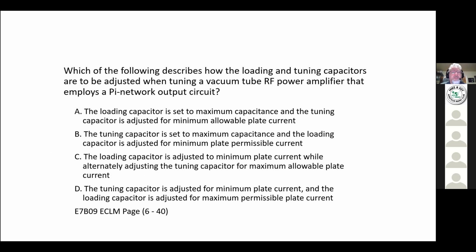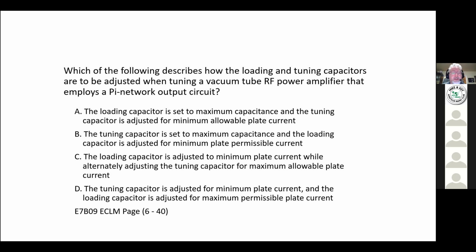Which of the following describes how the loading and tuning capacitors are to be adjusted when tuning a vacuum tube RF power amplifier that employs a pi network output circuit? A, the loading capacitor is set to maximum capacitance and the tuning capacitor is adjusted for minimum allowable plate current.